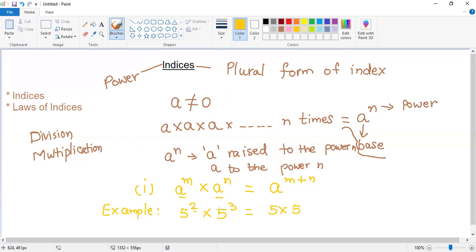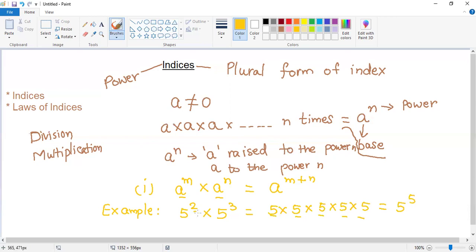If you have 5 power 3, you need to write 5 three times. Now you see, when you count, you will get 1, 2, 3, 4, 5. So 5 is written 5 times. So you will raise 5 to the power 5.